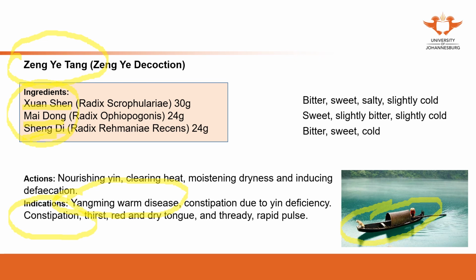When we use a formula to treat constipation, we need something purging, something to cause diarrhea. How can you use tonifying herbs to cause purging?